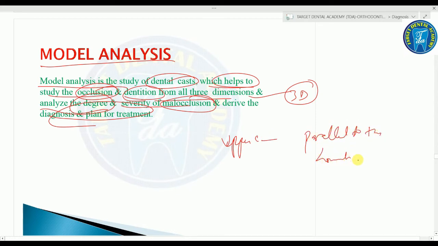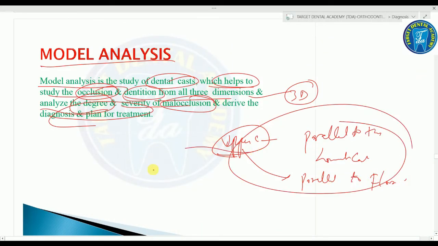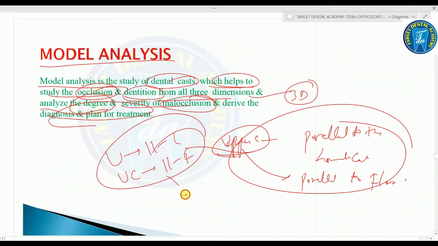These are the 2 important points. And your upper cast should always be parallel to the floor. I repeat, your upper cast should be parallel to the lower cast, and your upper cast should be parallel to the floor. These 2 points are important for your MCQ.